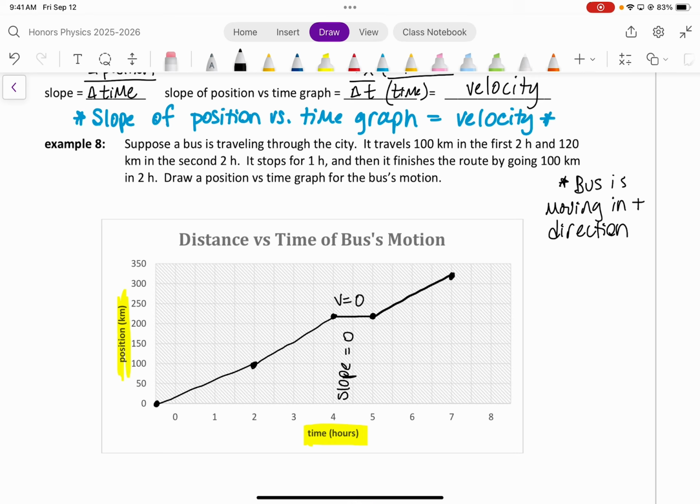So my velocity from 0 hours to 2 hours is going to be the change in position, which is 100 kilometers divided by 2 hours, which is going to be 50 kilometers per hour.